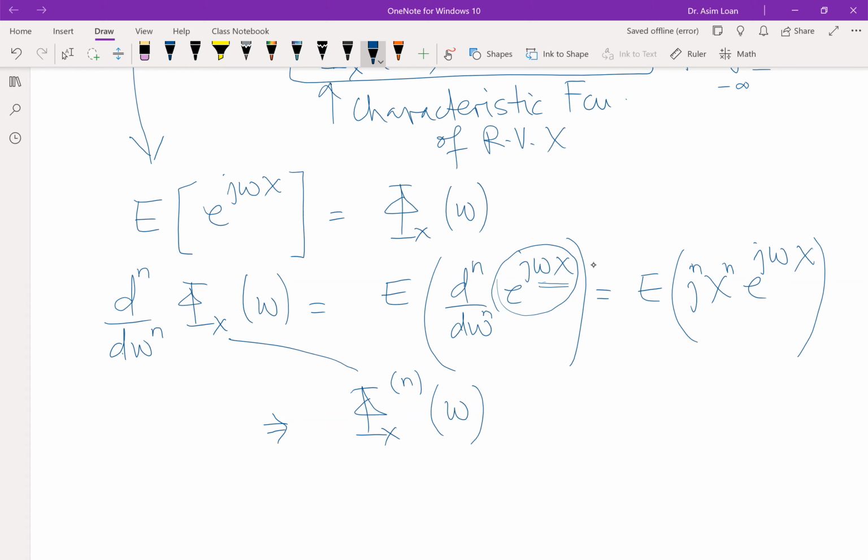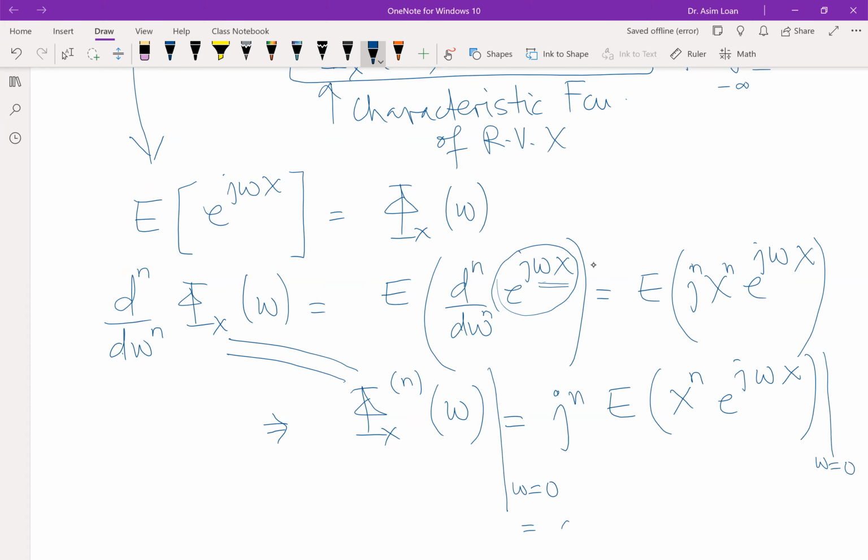So this one is equal to j to the n, which is a constant, expected of x to the n into e j omega x. And what if I evaluate this at omega equal to 0? So this will become j to the n expected of x to the n, which is equal to m.